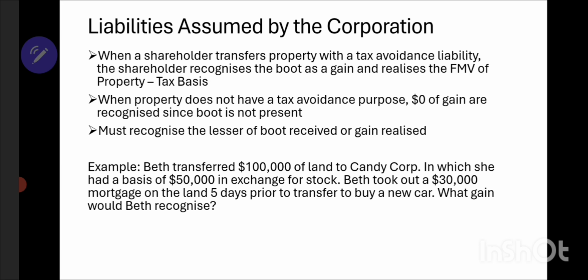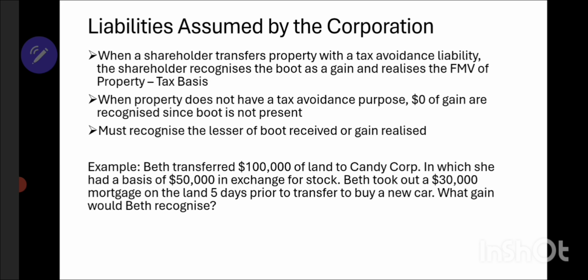That is what property transferred with tax avoidance intentions looks like. So the shareholder would recognize the boot, which is the liability, as a gain, and realize the fair market value of the property minus the tax basis. When property does not have tax avoidance purposes, $0 of the gain is recognized since boot is not present.